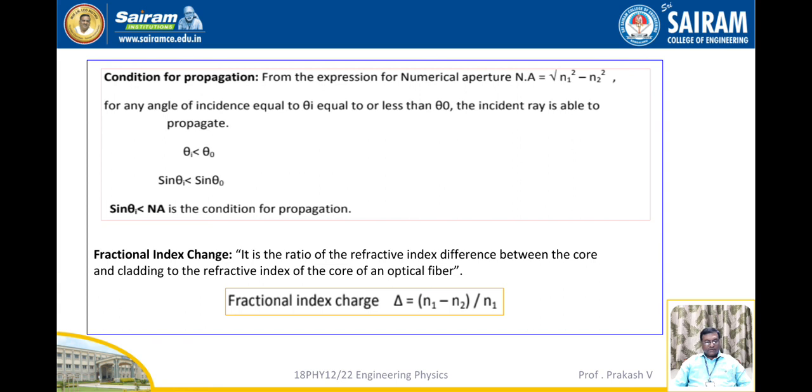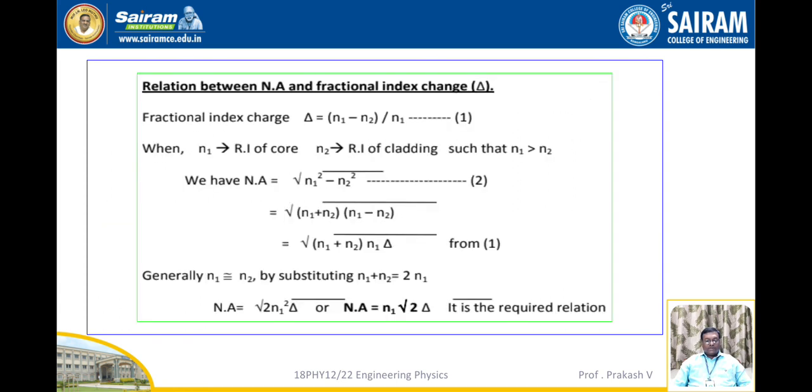So next I am going to discuss the relation between numerical aperture and fractional index change delta. The fractional index change delta is already written as n1 minus n2 by n1. Consider that as equation number 1. So here n1 is the refractive index of core and n2 is the refractive index of cladding, and n1 is greater than n2.